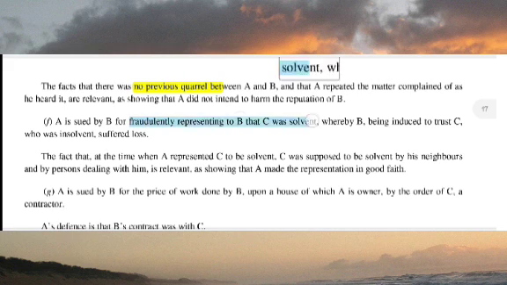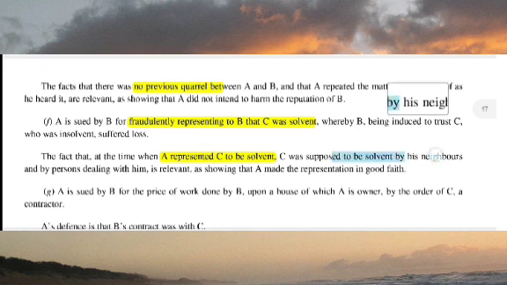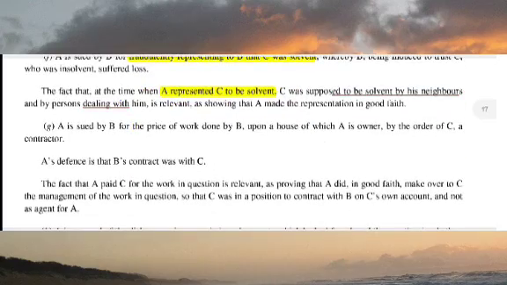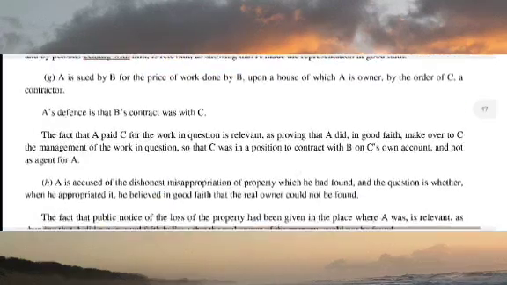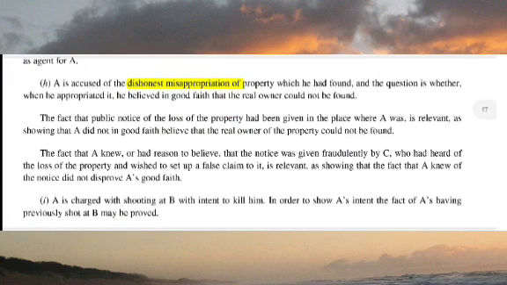Fraudulently representing that B is solvent. The fact that the representer was supposed to be solvent by his neighbors and persons dealing with him is relevant. Even the representation is in good faith. Accused of dishonest misappropriation: the fact that public notice of the loss of property was given is relevant.